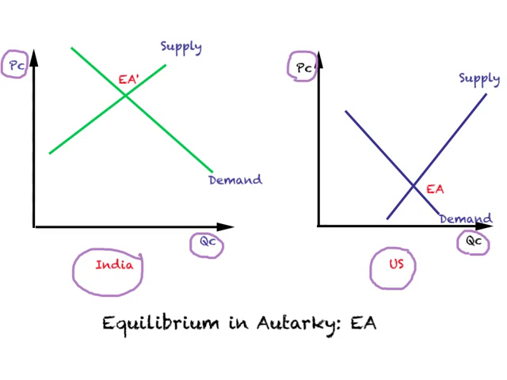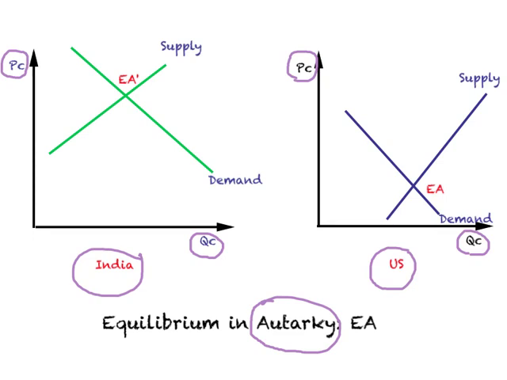Initially let us look at a situation of no foreign trade, and autarky means a situation of no foreign trade. So in future when we use the term autarky, you should remember we are looking at each country separately, and there is no foreign trade between these two countries.